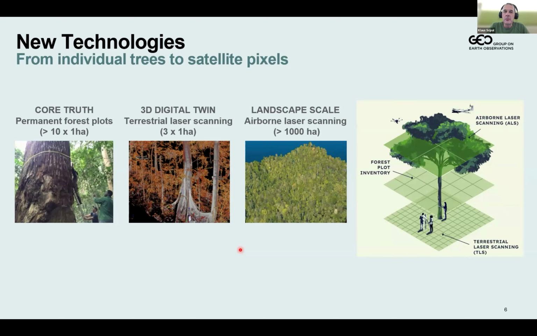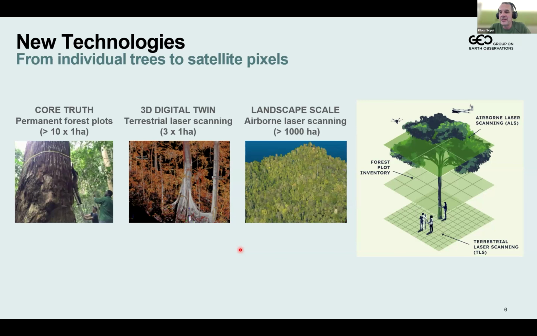But we also want to combine these traditional ways, these gold standards, with new technologies. We try to build a three-dimensional digital twin of the forest environment. For 3 one-hectare plots, we take ground-based LiDAR sensors and measure all the trees and reconstruct them in 3D. The last measurement type we want to apply is airborne laser scanning.